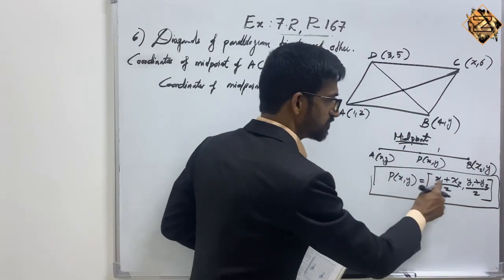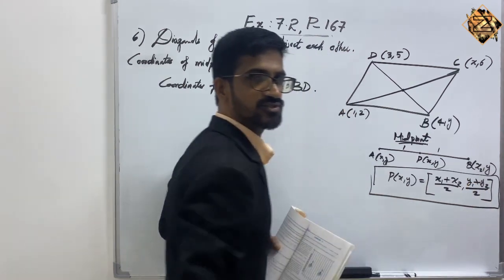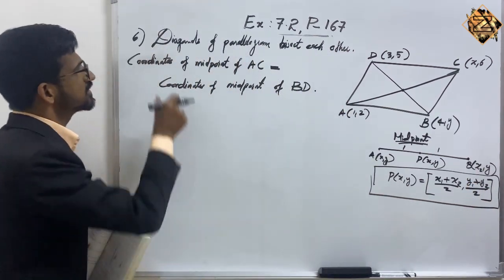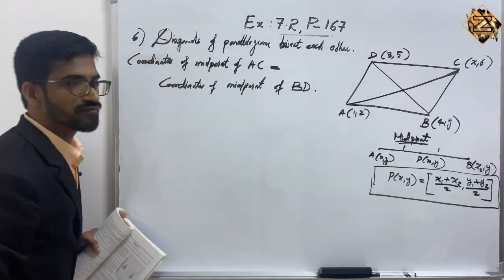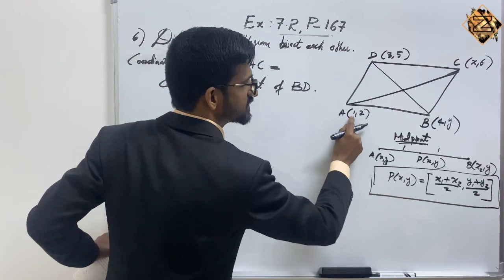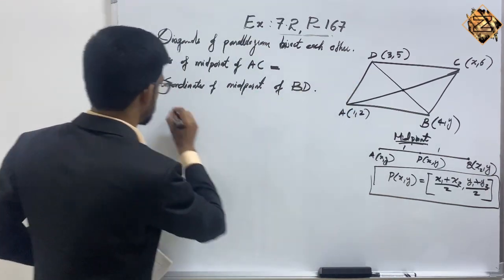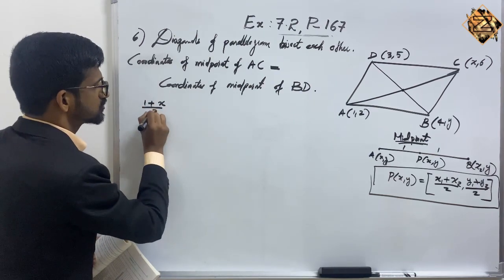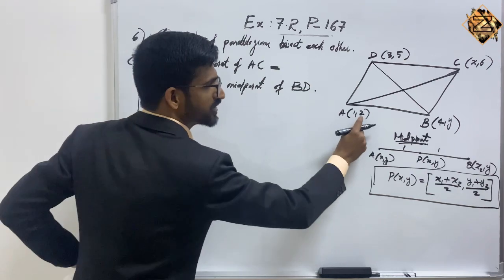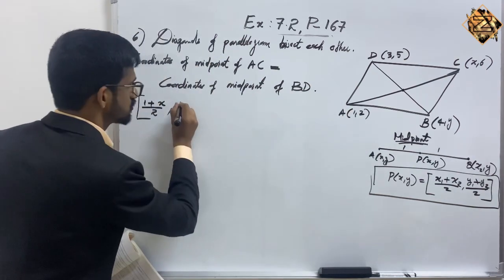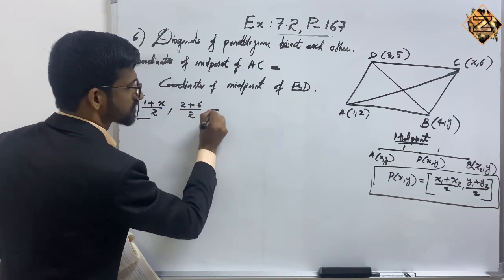Applying the same here, for the coordinates of the midpoint of AC, we apply the midpoint formula. We get x1, that is 1, plus x2, that is x, by 2. This is the x coordinate. And for the y coordinate, y1, that is 2, plus y2, that is 6, by 2.